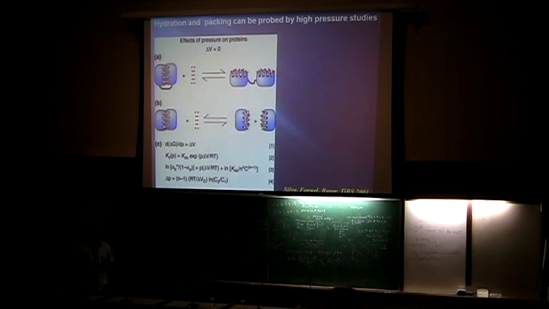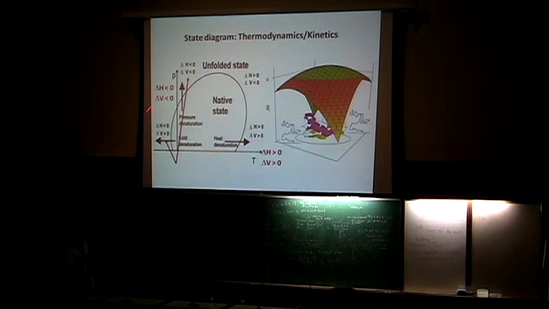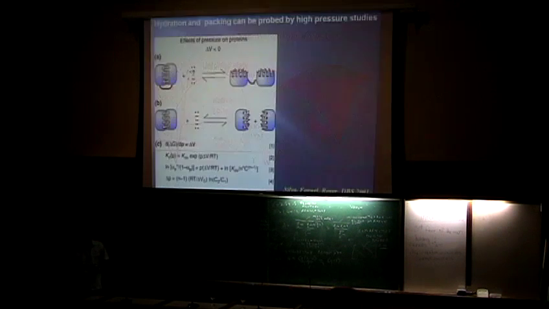So the volume change is very small for this exchange of protein-protein hydrogen bonds and protein-water hydrogen bonds. That's the main reason. Of course, like someone mentioned yesterday, it will depend a lot on the phase diagram of the protein you are studying.